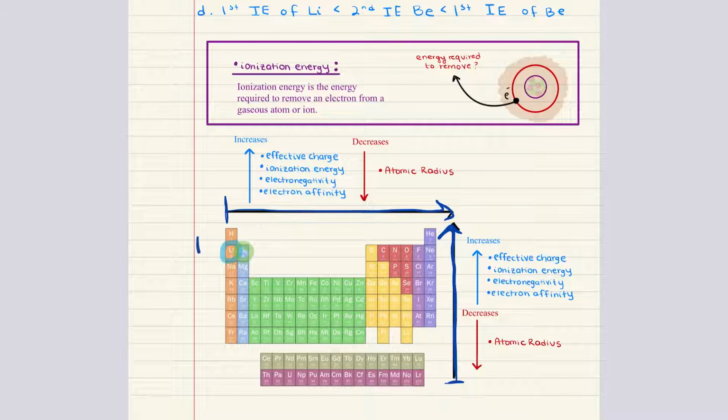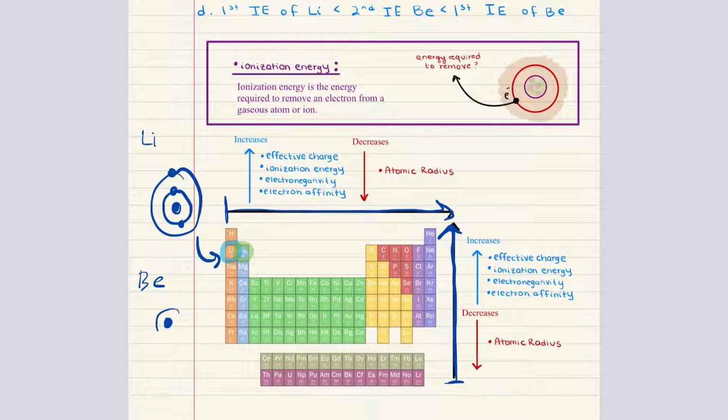Now, for lithium, with only one electron in its outer shell, that first ionization energy is relatively low because it will readily lose this electron to achieve a stable noble gas configuration. So like we said, lithium has that one electron in its outermost shell, whereas beryllium would have 2.